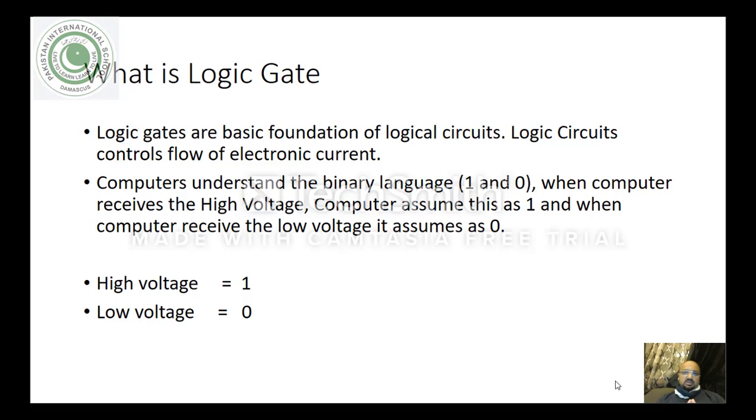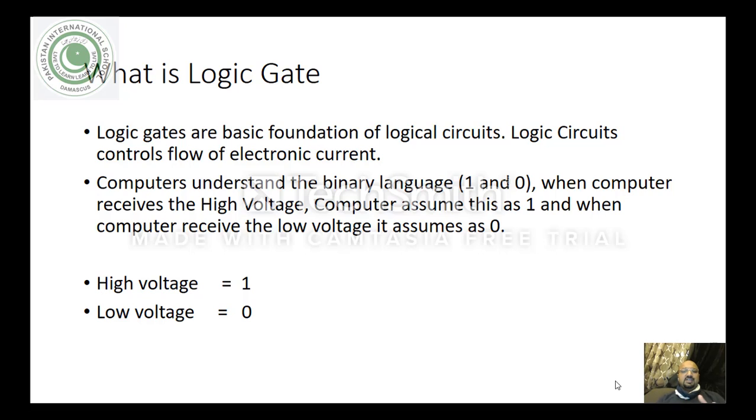In the previous chapters, if you go to chapter number 1, we practiced the conversion of binary into hexadecimal and denary numbers, and the conversion of denary and hexadecimal into binary, because we all know that the computer can only process ones and zeros, which is called the binary language. So the computer understands the binary language, 1 and 0.